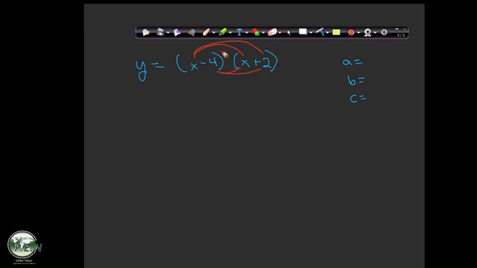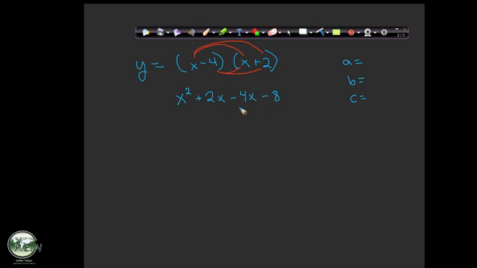So the first term, x times x, gives us x squared. And then we take x times positive 2. Would you agree that that's plus 2x? Negative 4 times x, negative 4x. And then negative 4 times positive 2, negative 8.